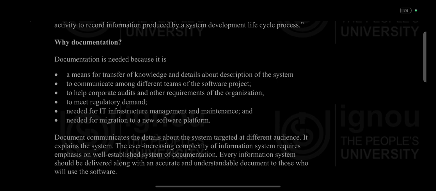Documentation is needed because it is a means for transfer of knowledge and details about description of the system, to communicate among different teams of the software project, to help cooperate audits and other requirements of the organization, to meet regulatory demand, needed for IT infrastructure management and maintenance, and needed for migration to a new software platform.